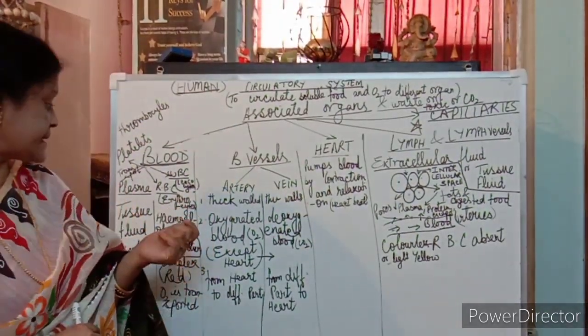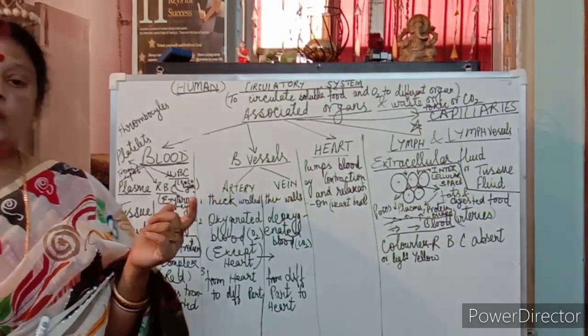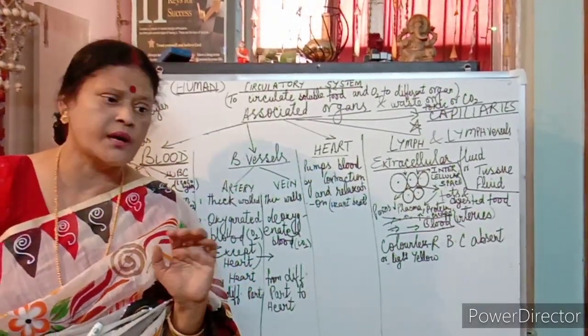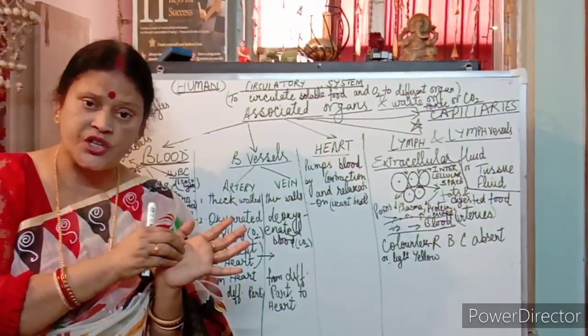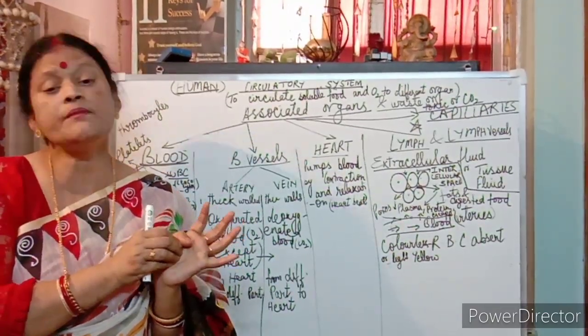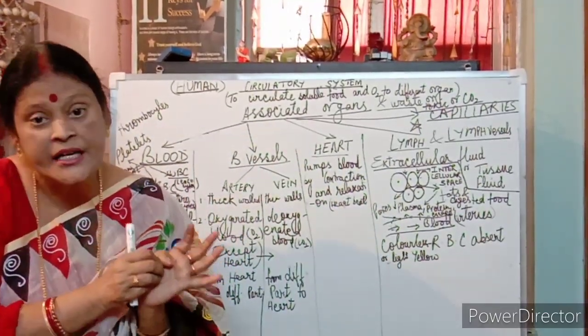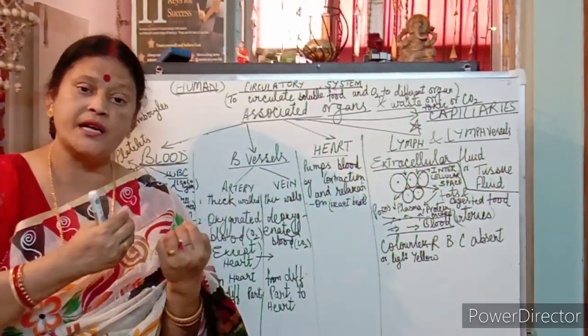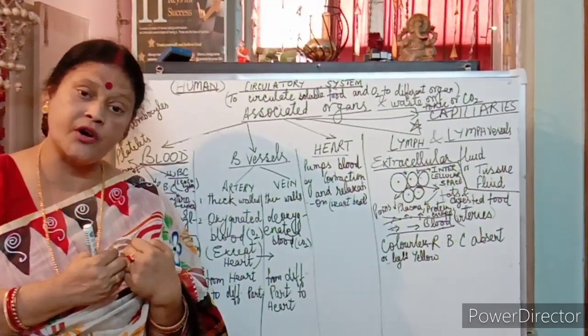Clear? Next is WBC. It is known as leukocyte. Leukocyte is not much in your syllabus. Only this much मैं कह रही हूँ आपको कि it helps in the defense mechanism of the body. अगर आपके body में कोई foreign particle या foreign bodies, what are foreign bodies?